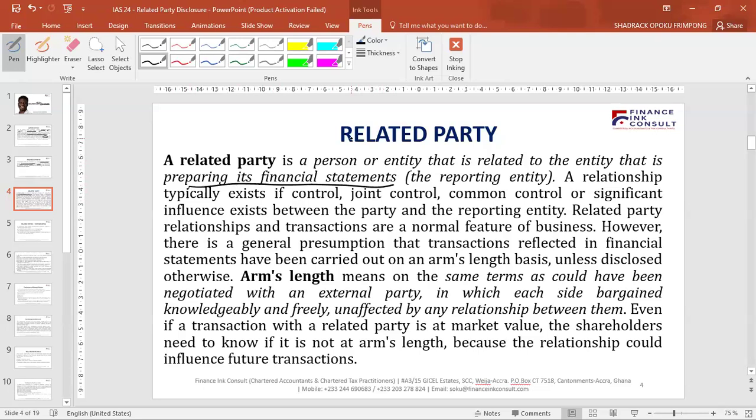So parent company, subsidiary, associates, that kind of thing. A relationship typically exists if control, joint control, common control, or significant influence exists between the party and the reporting entity. These are terminologies that you'll be coming across when you're doing consolidation.